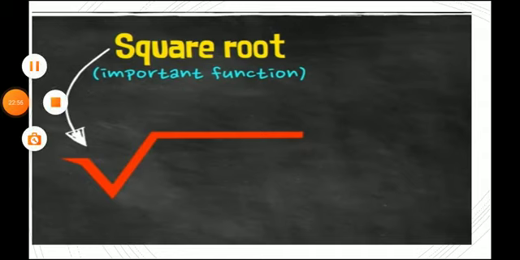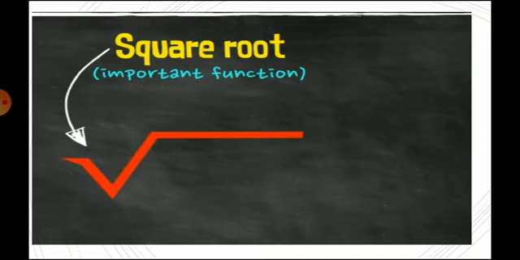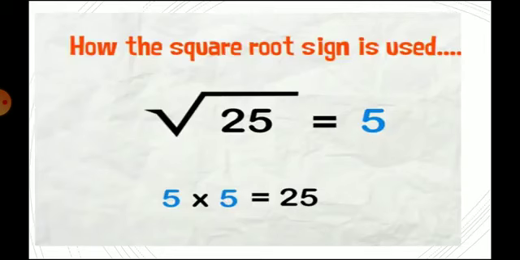So next we move to square root. This is a very important function to find the square root value. We can use this symbol to find the root. Okay, so how is the square root sign used?